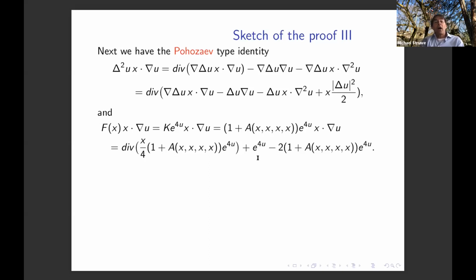And if we sort out the various terms, then we see this expression coming up, which when integrated will give us the total curvature. And in order to produce this number 1 here with a factor 2, we had only 1 there. We also have to introduce the volume term, which comes when we integrate e to the 4u.